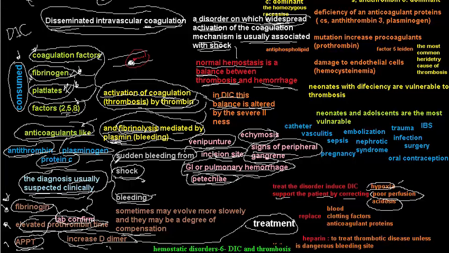antithrombin, and plasminogen. So we may have sudden bleeding from a simple venipuncture or incisional site, or GI or pulmonary hemorrhage. We may have petechiae, ecchymosis, signs of peripheral gangrene. Why may we have signs of peripheral gangrene? Due to the thrombosis that happens.